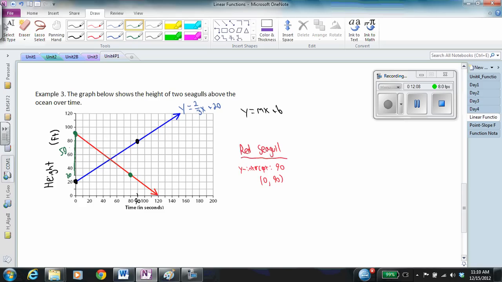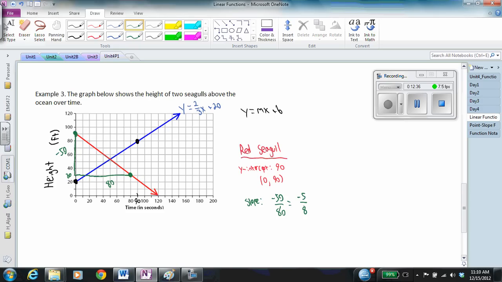So that's a rise of 50. We're going down, so really it's negative 50. And then the run is 10, 20, 30, 40, 50, 60, 70, 80. Or from 0 to 80, that's 80. So my slope this time is negative 50 over 80, which is negative 5/8.